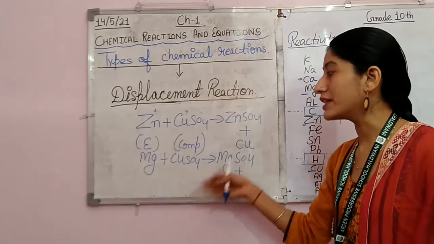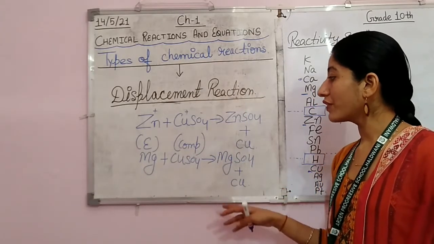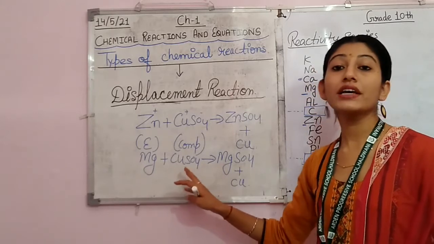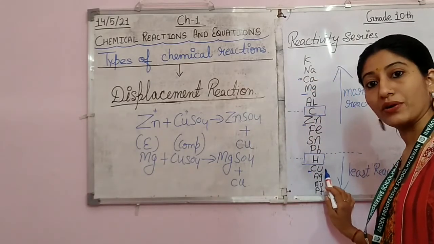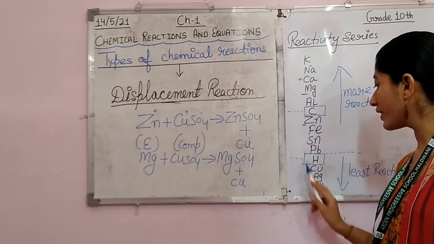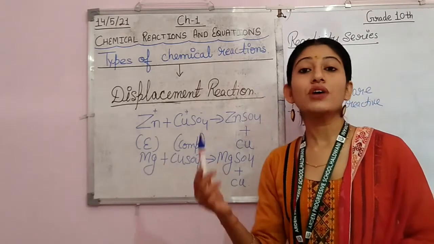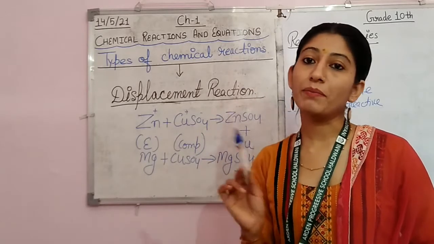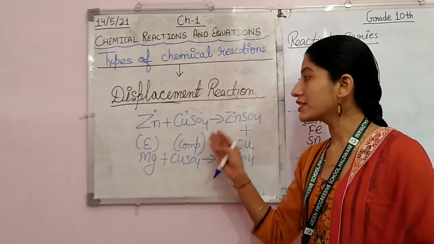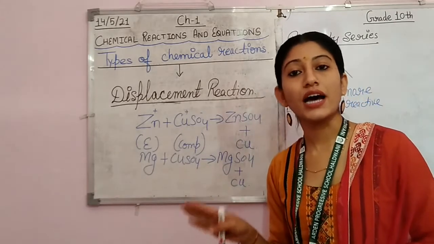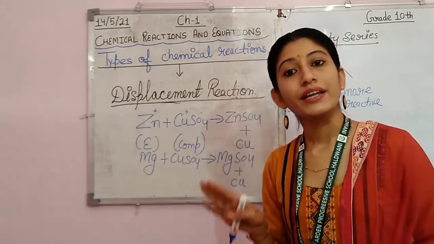This is our displacement reaction. One more, you can carry out the same reaction with iron also. You can see here iron is here, copper is here. Iron is more reactive as compared to copper, so iron can very easily replace copper. Such types of reactions are called displacement reactions.